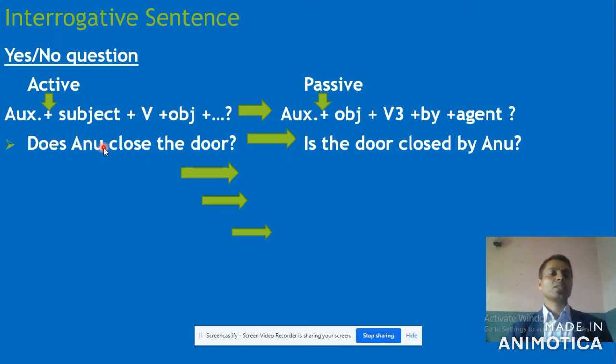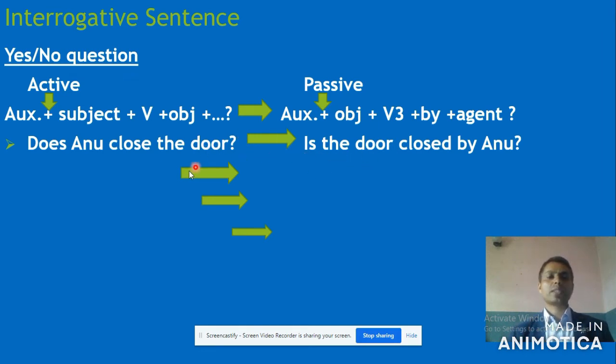Does is the auxiliary, Anu is the subject, close is the verb, and the door is the object. Now while changing it into the passive, you first have to find which category it is. It is under the simple category, simple present tense. So if there is simple present, it is is, am, are, and if there is past tense, was or were. So here it is simple present.